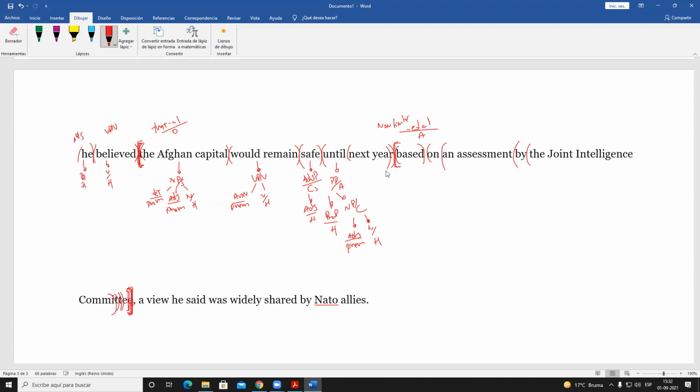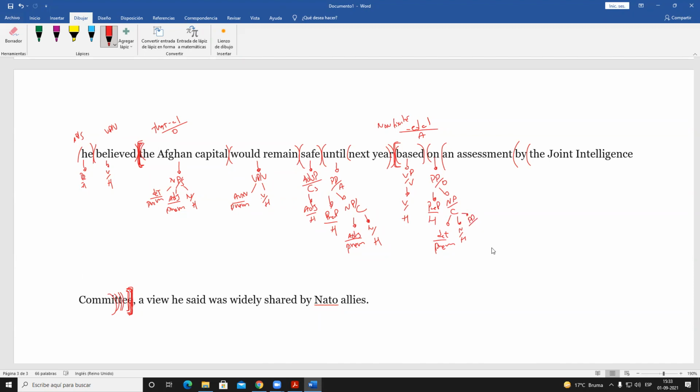Okay. Based is my verb phrase verb, made out of a verb head. Based on what? On this. This is a prepositional phrase object made out of the preposition head on and the noun phrase complement an assessment till the very end, which has an, a determiner pre-modifier, assessment, the noun head, and then I have by the whatever, which is a prepositional phrase.